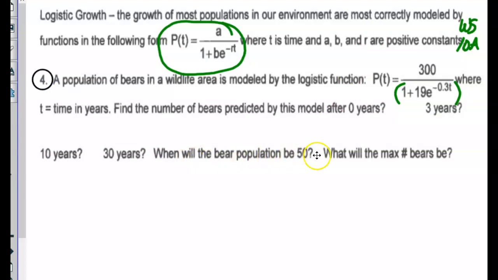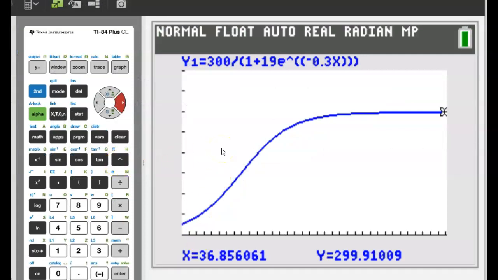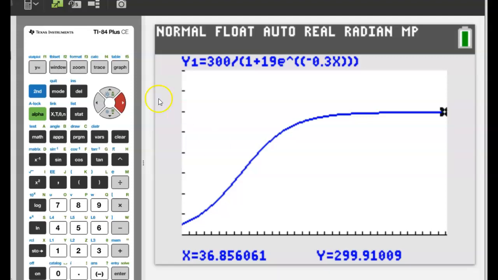When will the bear population be 50? How are we going to figure out when there's 50 bears, guys? Do you want to try to solve this mess backwards? We could go through it, but since we have it graphed, what's the easier way? We could look at the table. Do you remember what we've done to be a little more exact than the table?